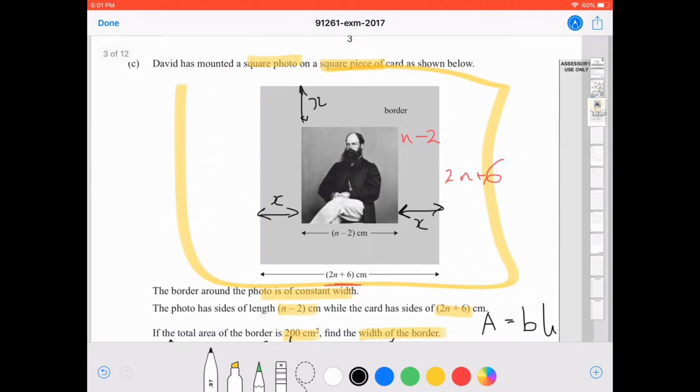And so let's look in red pen. Let's look at this region here, right? We've got x and x. We've got n minus 2 in the middle, and we've also got this long length, 2n plus 6.